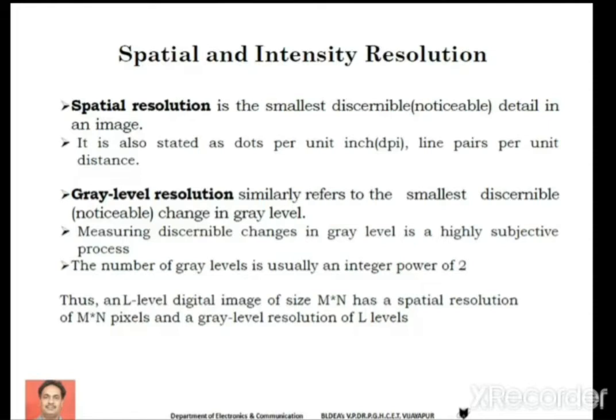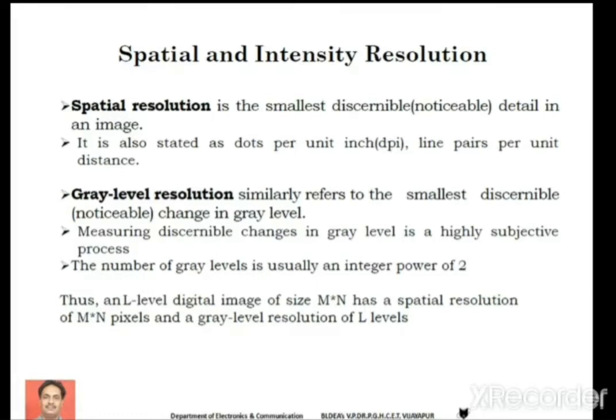It is very difficult to measure the gray level resolution because it is a totally subjective process. Theoretically we can have any number of intensity levels, but we can't identify all the different gray levels of the image. That's why it is a subjective process.